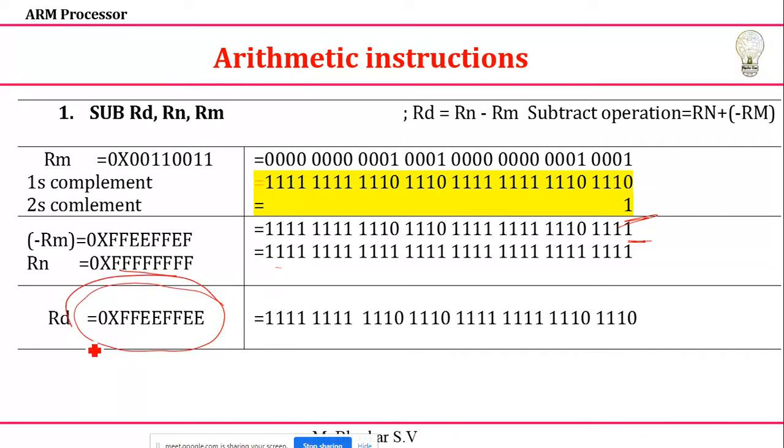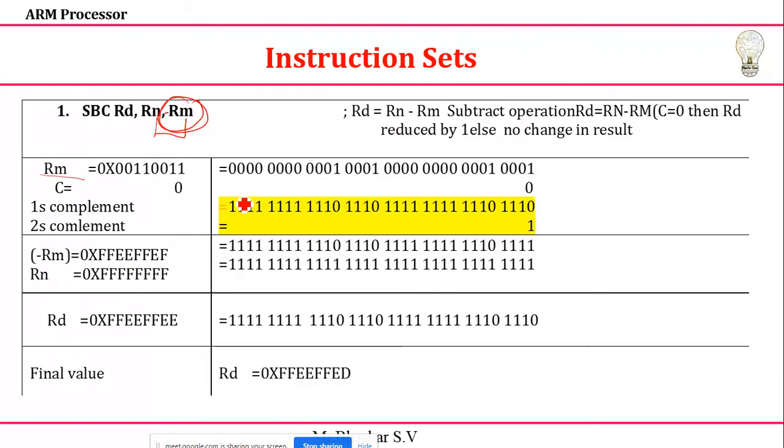But this is not my result. If you take the instruction, it is SBC. I already told you that if my C value is equal to 0, then this result will be reduced by 1. So minus 1 will be taken. So E minus 1. What is the E minus 1 value? You can see it's normal subtraction only.